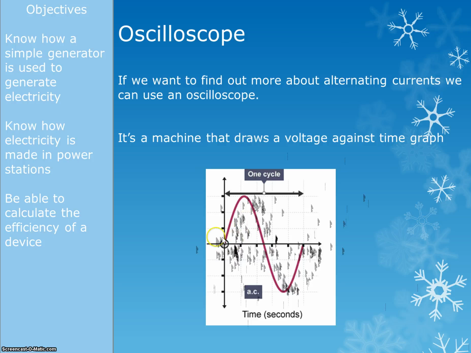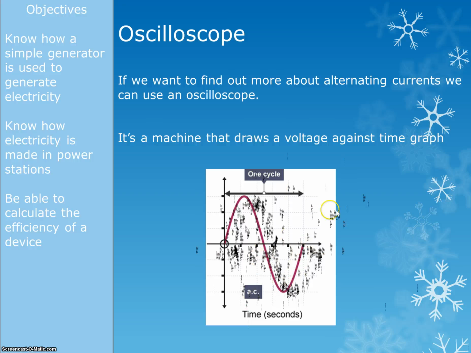And if we're talking about what's going on with the generator, so if you remember I said that when we put the magnet into the coil, the electrons, the current flows in one direction. So that would be this section here. Then when I remove the magnet, it flows in the opposite direction, so this would be this section here.